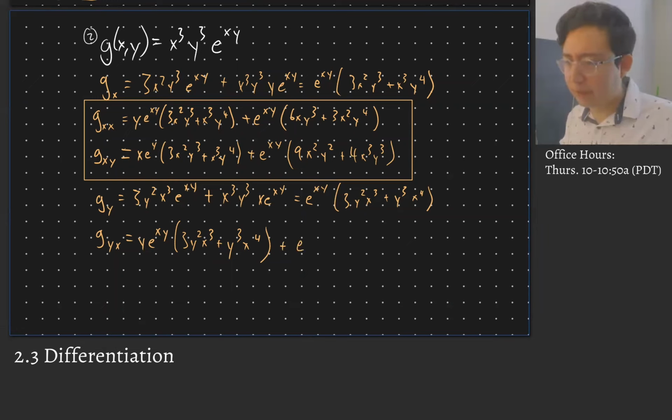now do it the other way. So e to the xy, take the derivative of this with respect to x. So we get 9y squared x squared, bringing that down, plus 4y cubed x cubed.